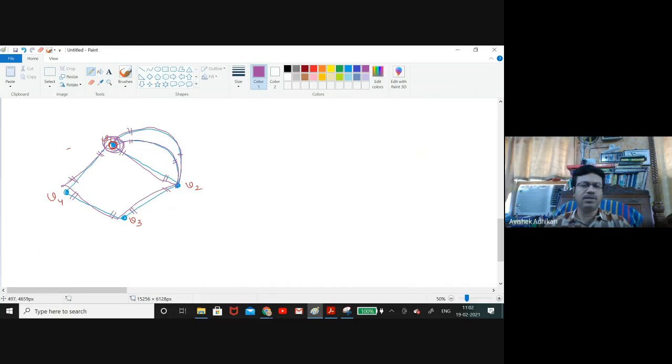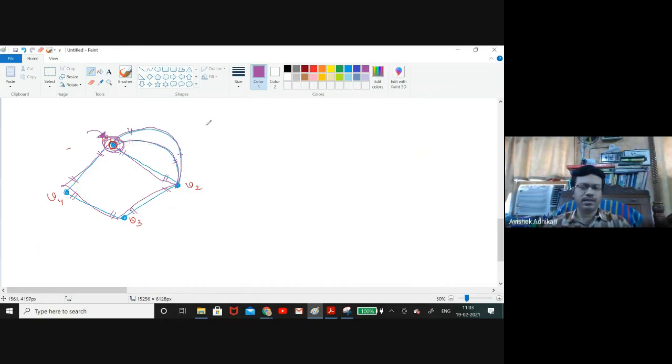If you want to consider this for a circuit, then you need to come back to the starting vertex again. That means you start from a vertex and come back to that vertex by exploring all the vertices exactly once, except for the initial or end vertex. If this kind of traversal exists, we call it a Hamiltonian circuit.